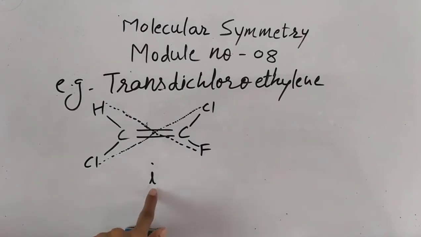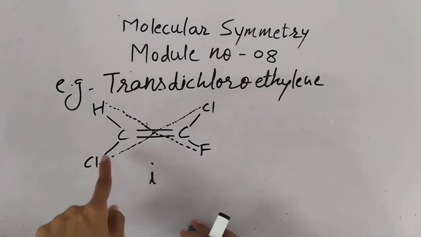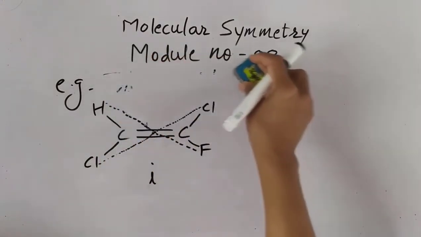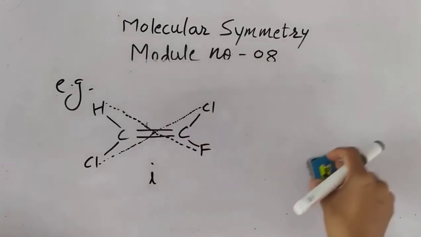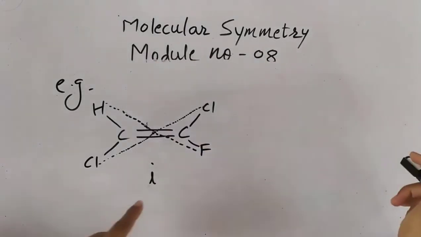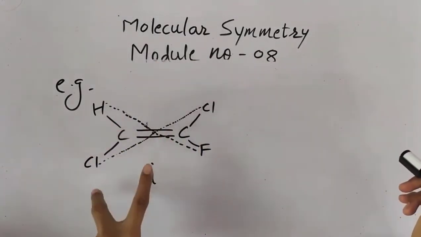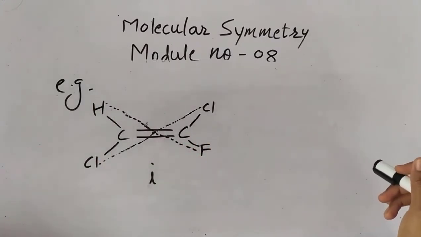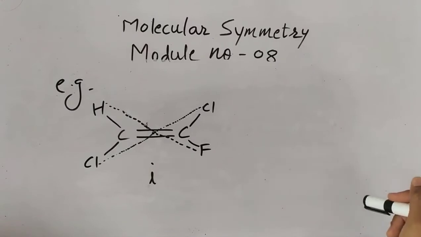Then is the center of inversion present in this molecule? Whatever the name of this molecule is, if it has two chlorine atoms, one hydrogen and one fluorine, can we say that the center of inversion is present?